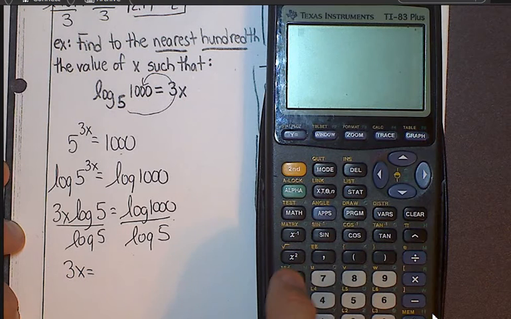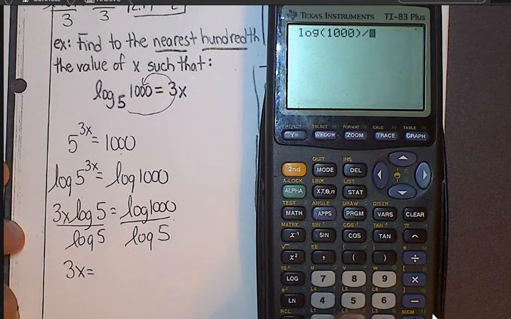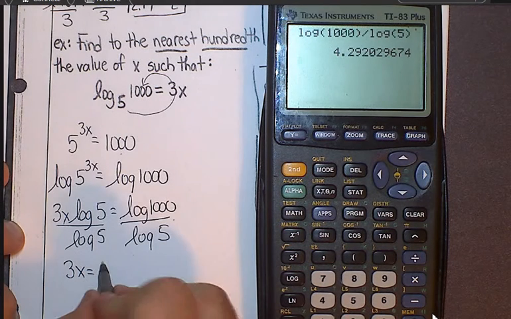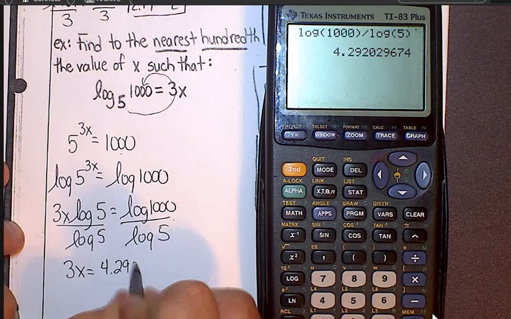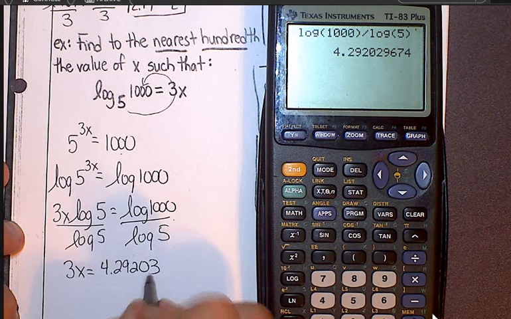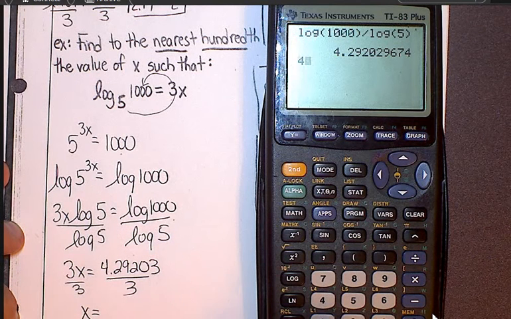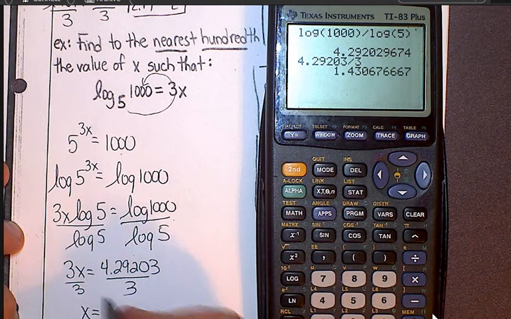So log of 1,000 divided by log of 5, and we get 4.29203. Then we divide both sides by 3, and I get x equals 4.29203 divided by 3, and we get 1.43 to the nearest hundredth.